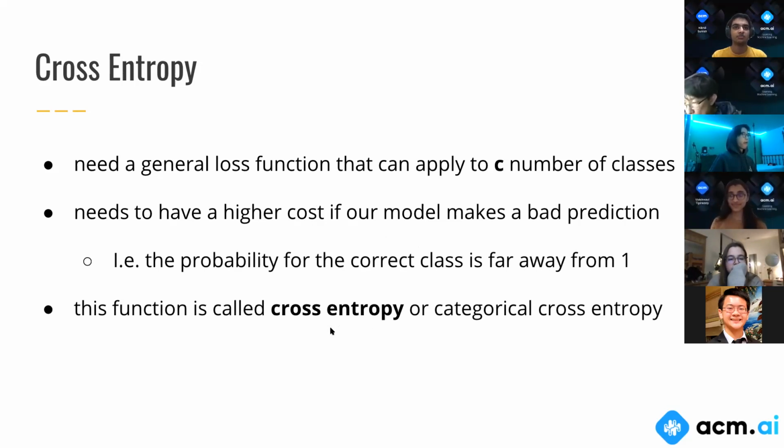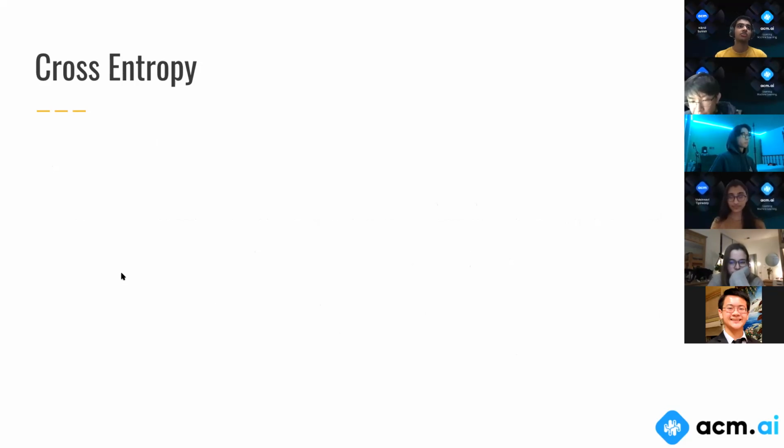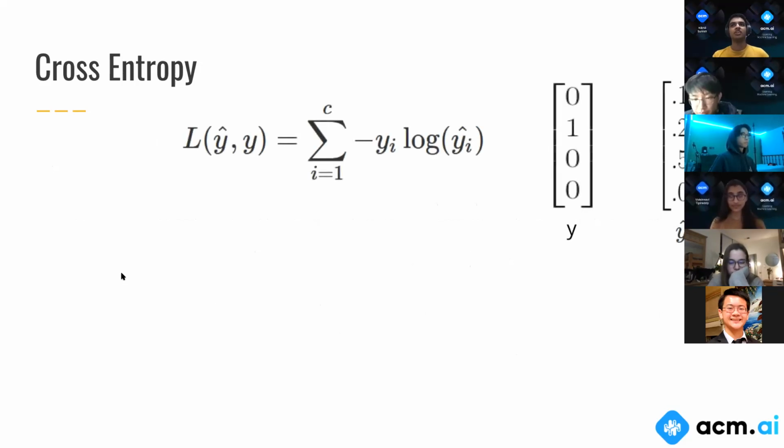Putting that all together, we have a convenient function called cross entropy, also called categorical cross entropy because categories are classes. It sets up both of these conditions. Looking at cross entropy, it's pretty similar to binary cross entropy. It's actually basically the first term of binary cross entropy.